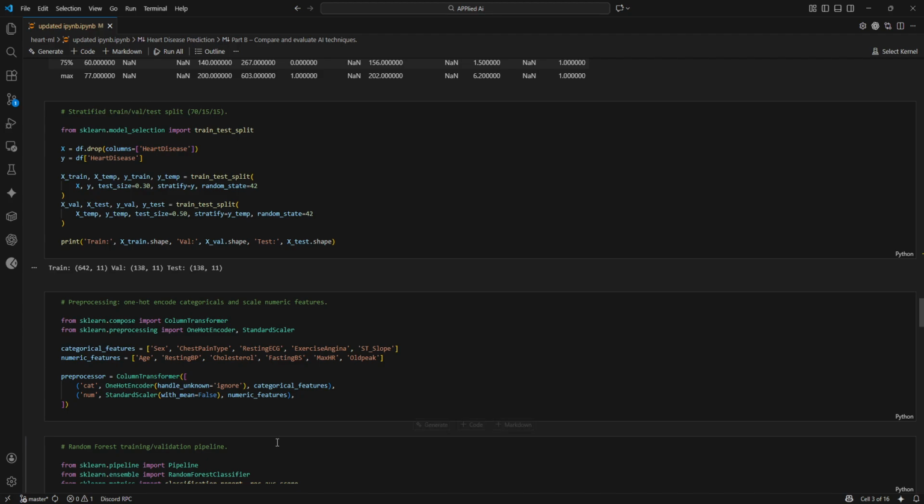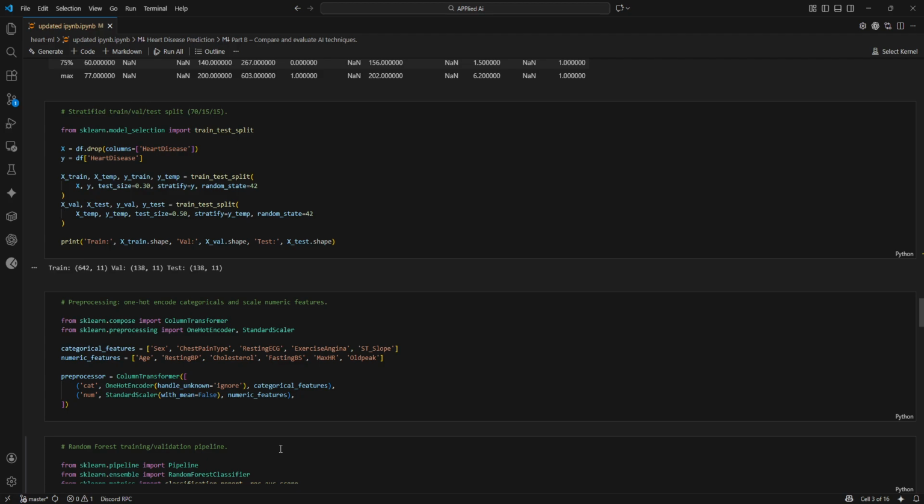Numerical features include values such as age and cholesterol, etc., while the categorical features describe conditions such as chest pain and exercise induced angina. Since machine learning models require numerical input, categorical values are converted using one hot encoding.